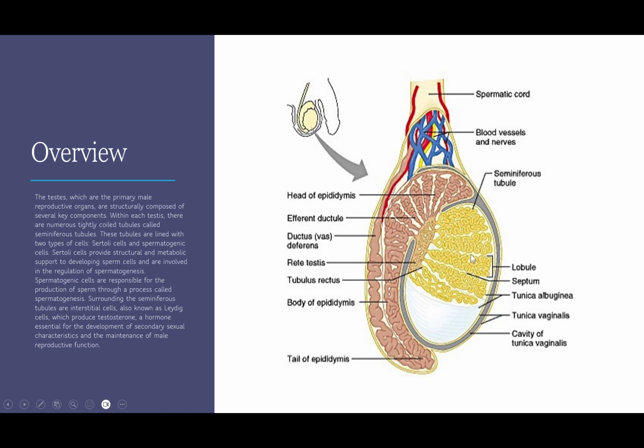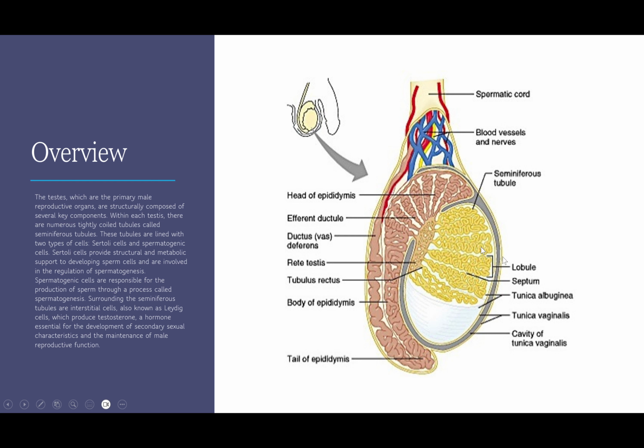These tubes are lined with two types of cells. We have the Sertoli cells and the spermatogenic cells. The Sertoli cells provide structural and metabolic support to developing sperm cells and are involved in the regulation of spermatogenesis.